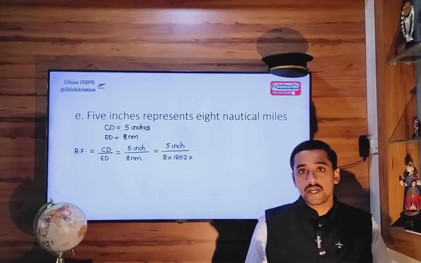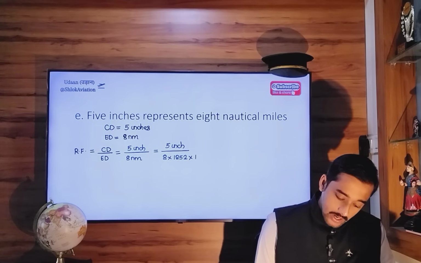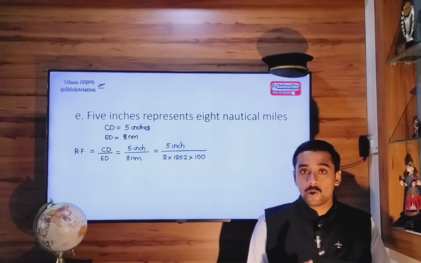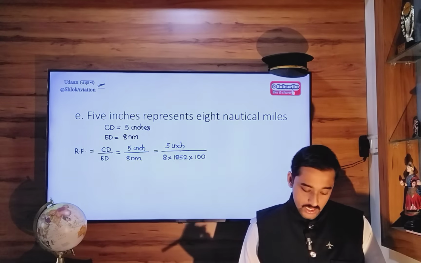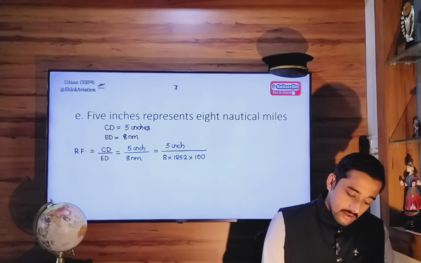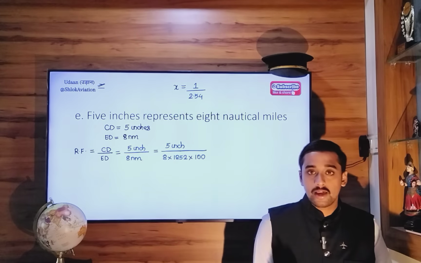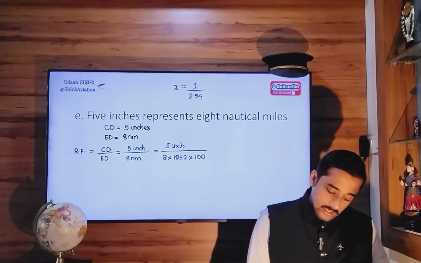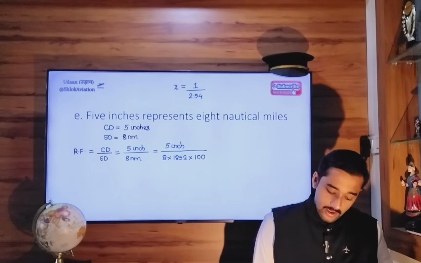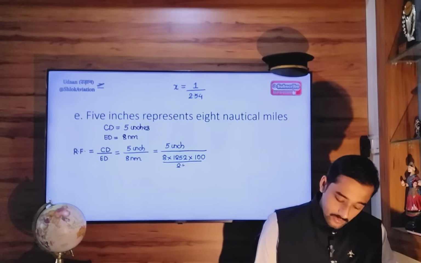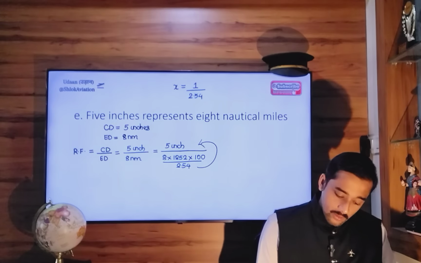Now 1 meter is 100 centimeters. So 1852 into 100. And now when we want to convert centimeter into inches, we divide by 2.54 like we have done in the previous sums. So when you divide this by 2.54, it goes into the numerator.